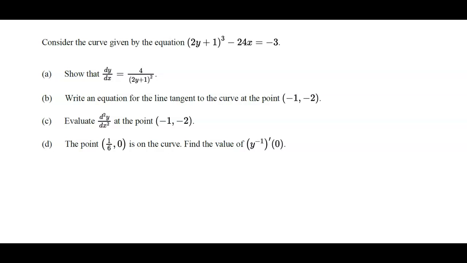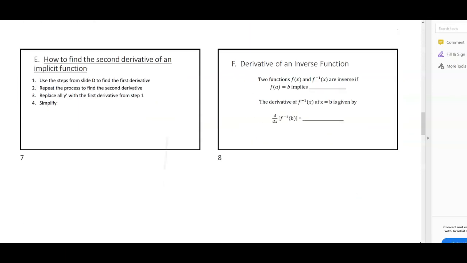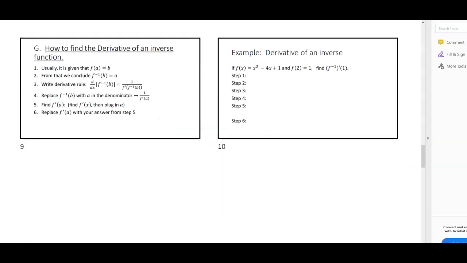So notice they're asking us to find a derivative of an inverse function. All right? So on our notes over the weekend, I gave you guys some steps. Let's see if we can find them here. There it is.